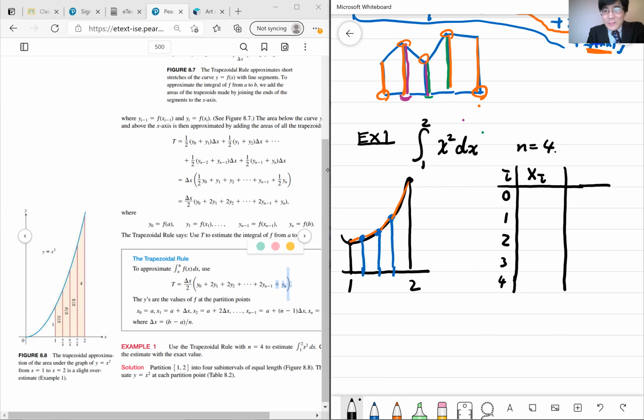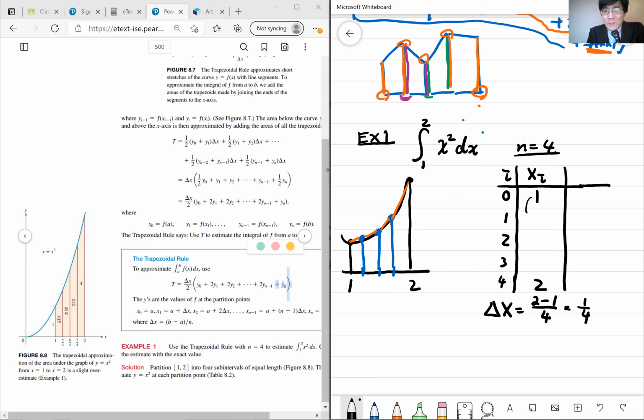So the smallest x value is 1, largest x value is 2. Each interval is (2 minus 1) divided by 4 because the number of subintervals is specified at 4. So the subinterval length is 1/4.